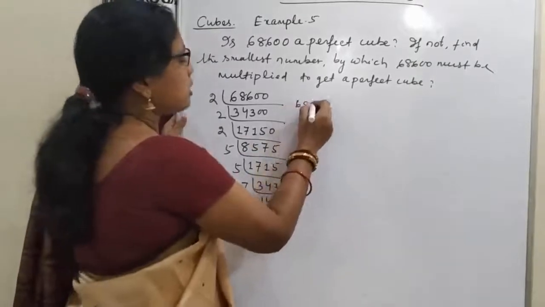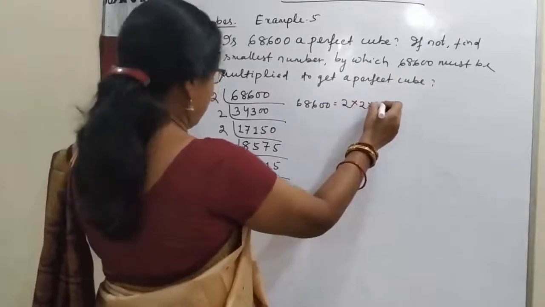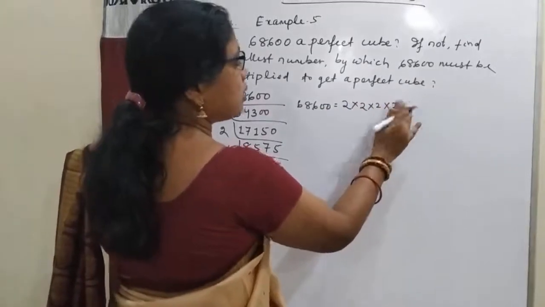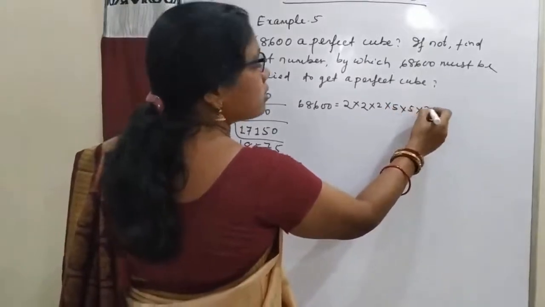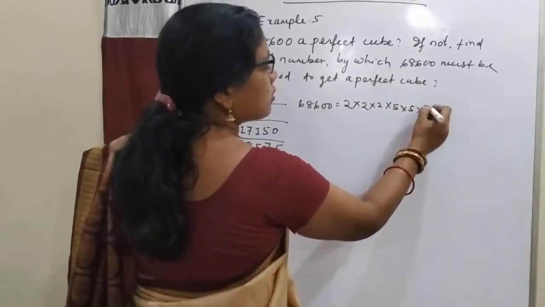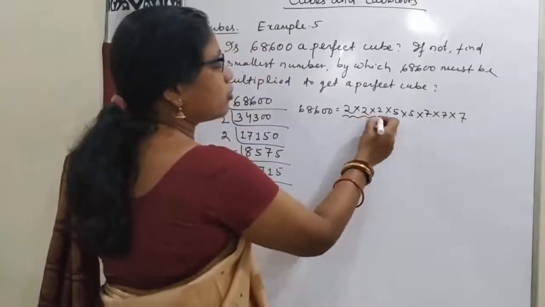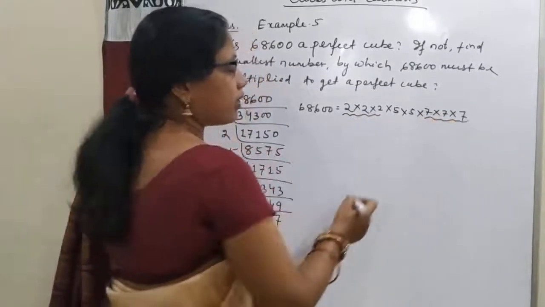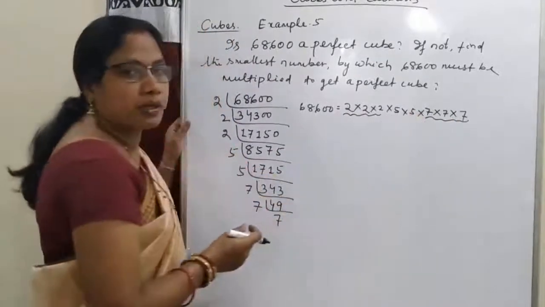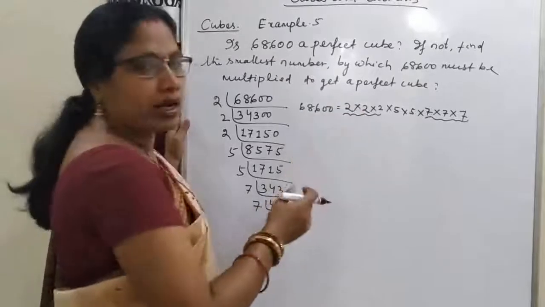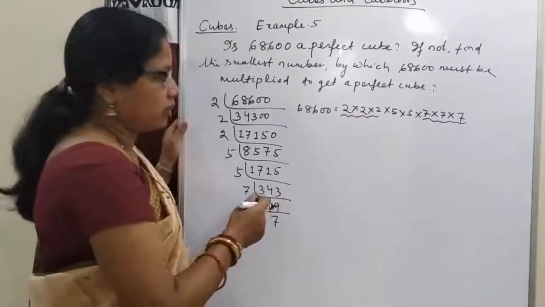So 68600 is equal to 3 2s, then 2 5s, then 3 7s. So if I group in 3 factors, only the 2 5s are present. So we need another 5 to group all the factors into 3 factors.